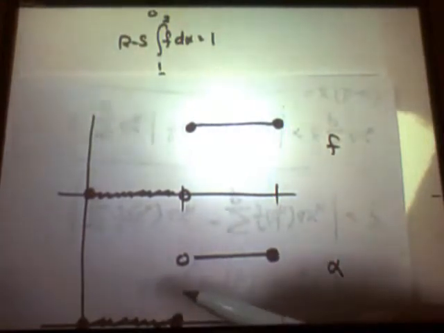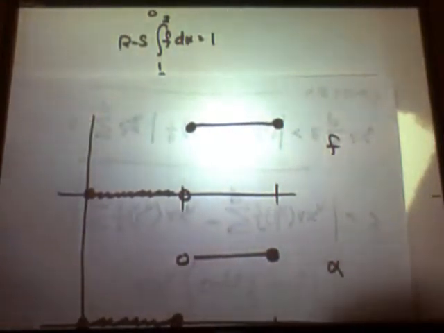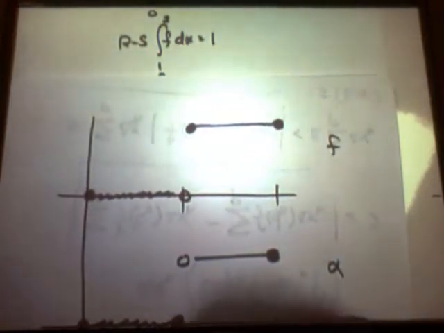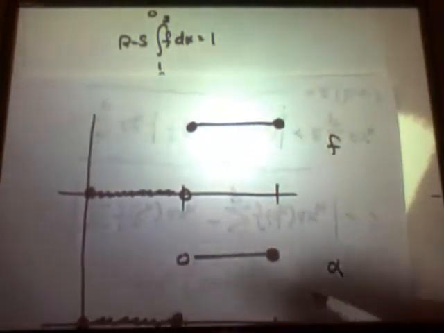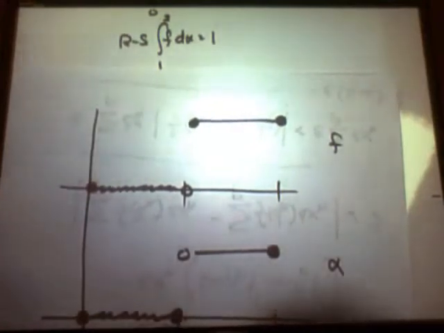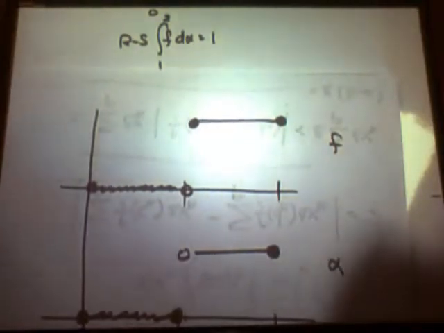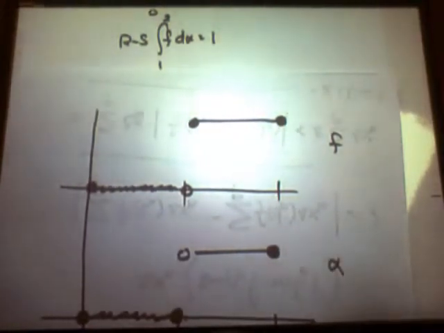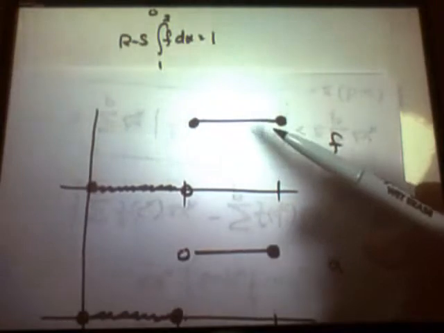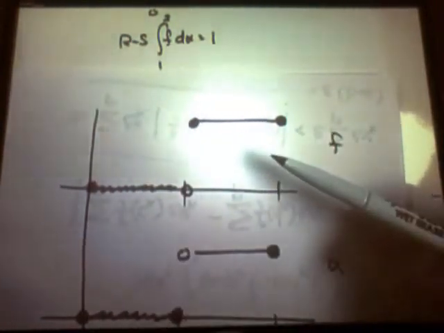Alpha of x1 is 1, right? It's the leftmost partition element. It doesn't matter how we squeeze this down to hardly anything. The left endpoint of that is at 1. So alpha of 1 is 0, and then the right endpoint for alpha is at 1. So you're going to have a contribution of 1 for alpha times the 1 of f, which is constant in the closed interval 1 and 2.